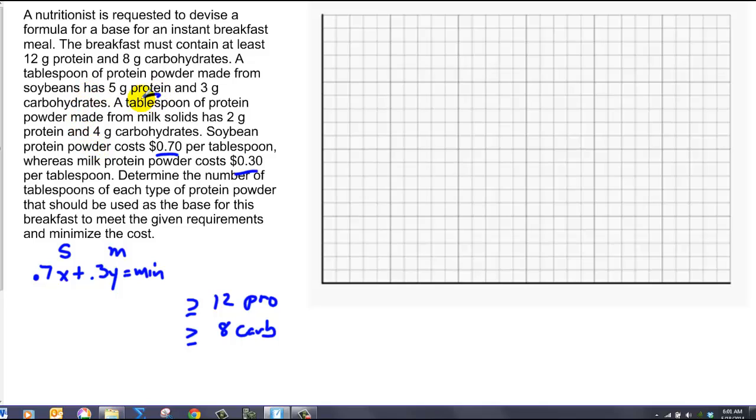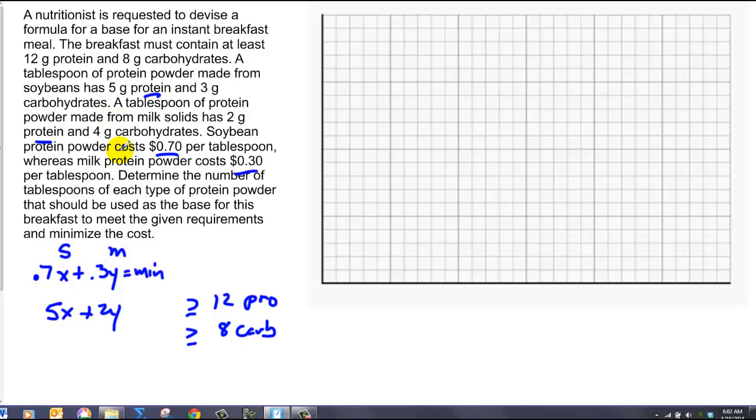Here's some protein, and here's some protein. So this says the protein powder made from soybeans has 5 grams of protein. Protein in the milk solid has 2 grams.